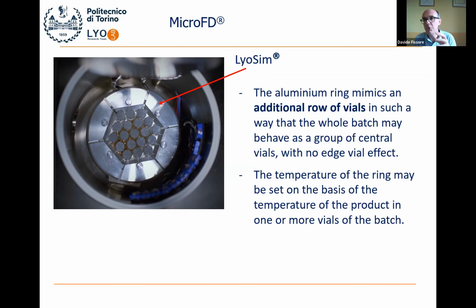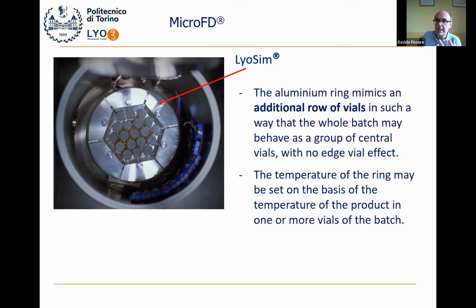I mean, you measure the temperature in some vials of the batch, putting thermocouples inside, and the temperature of this aluminum ring is set on the basis of the temperature of the product. So it's given by the temperature of the product plus or minus the offset. It depends if you have selected a positive offset or a negative offset.